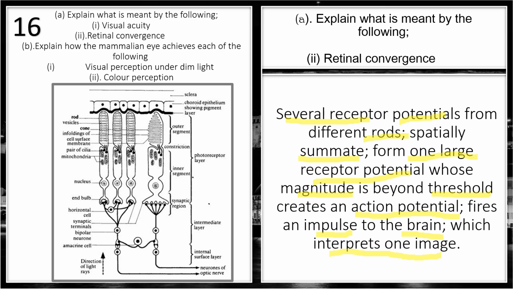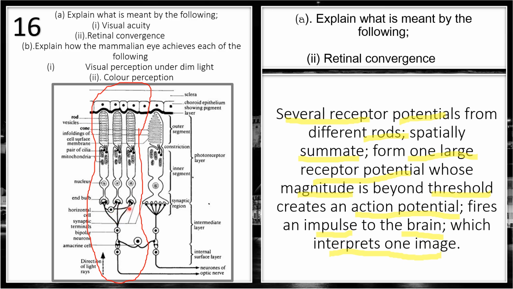So when you look at our three rods, each one is going to produce its own receptor potential. But these receptor potentials are going to sum up and form one large receptor potential, which can be beyond the threshold.